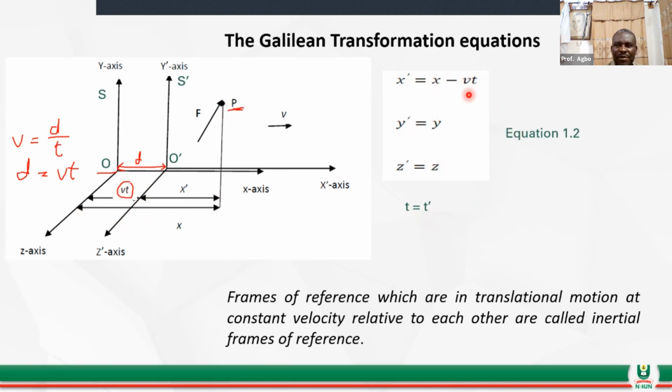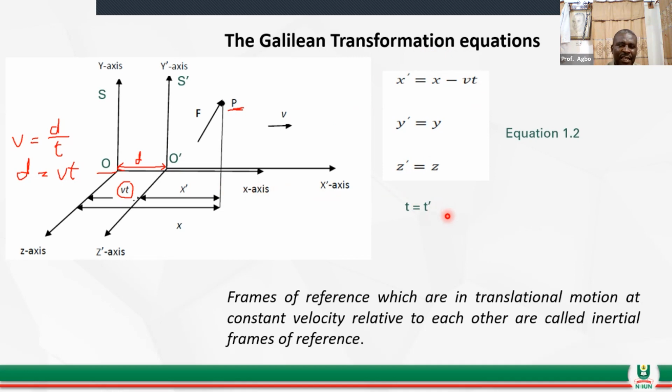From the course material, this is equation 1.2. This is what we have as the Galilean transformation equations, that is, equations relating the measurements made by an observer O in the S frame and an observer O prime in the S prime frame. These equations are what we use to relate the measurements both of them have made.